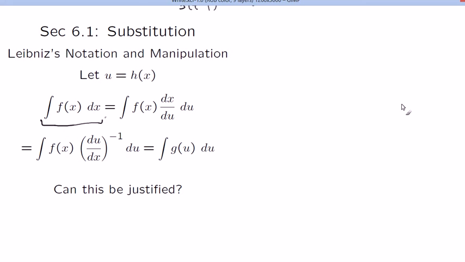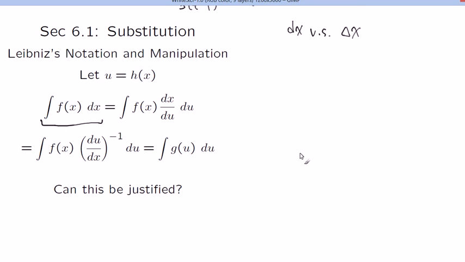What Leibniz is suggesting is that he's asking us to treat dx as if it is a number. dx is not a number. But delta x, which we've been using in the Riemann sum and the slope of a secant line, that's a number. But you can treat dx as if it is a delta x.